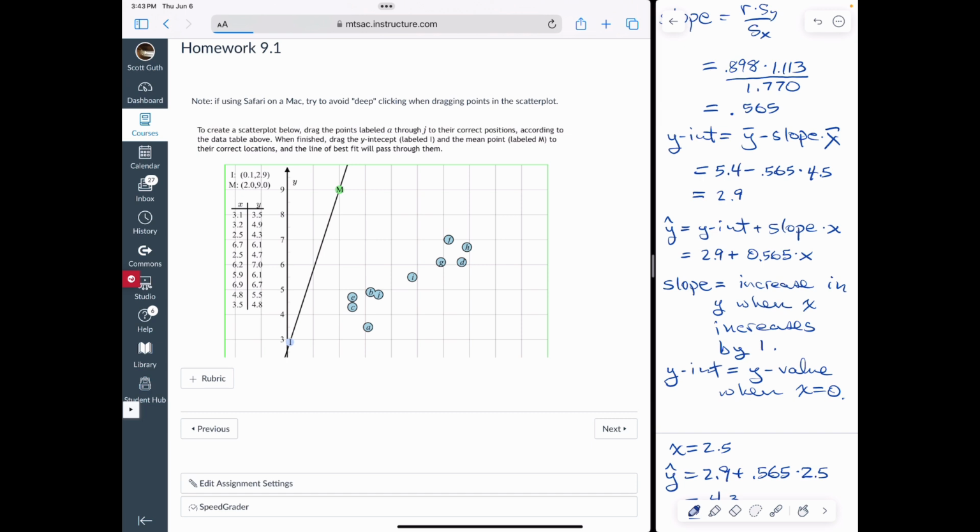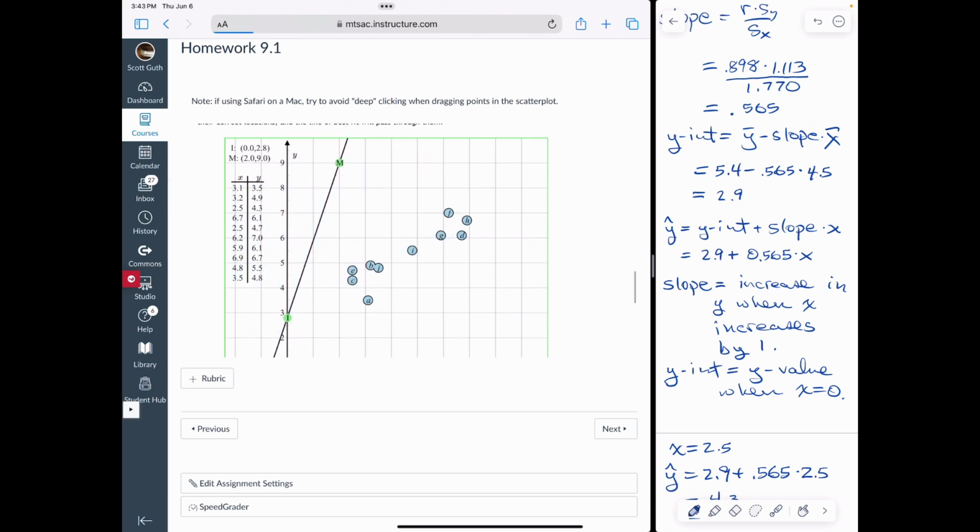You can see the y-intercept moving as I move this around. So again, 2.9. I think that's a little low. That's 2.8. So you got to come up a bit. Okay, so the x coordinate should be 0 there, and the y coordinate is 2.9.